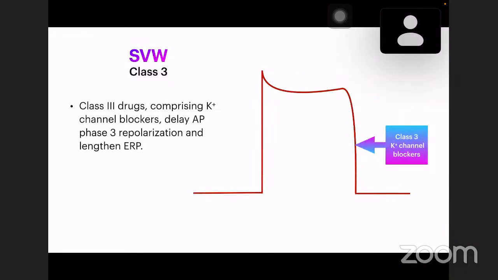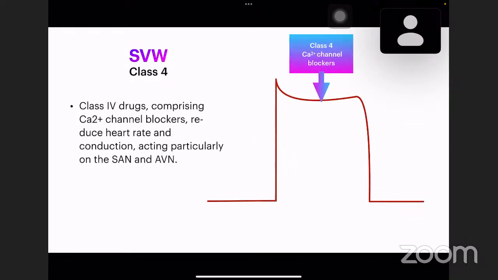They act on phase 3, delay the after depolarization, and lengthen the ERP. For class 4, these are calcium channel blockers. They act on phase 2, and they also decrease the conduction rate and the heart rate, particularly acting on the SA node and AV node.